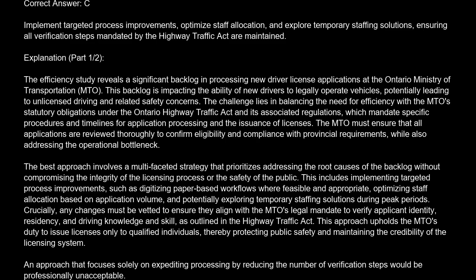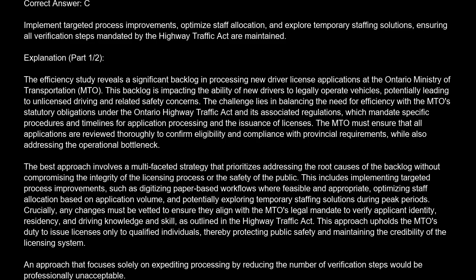The best approach involves a multifaceted strategy that prioritizes addressing the root causes of the backlog without compromising the integrity of the licensing process or the safety of the public. This includes implementing targeted process improvements, such as digitizing paper-based workflows where feasible and appropriate, optimizing staff allocation based on application volume, and potentially exploring temporary staffing solutions during peak periods.